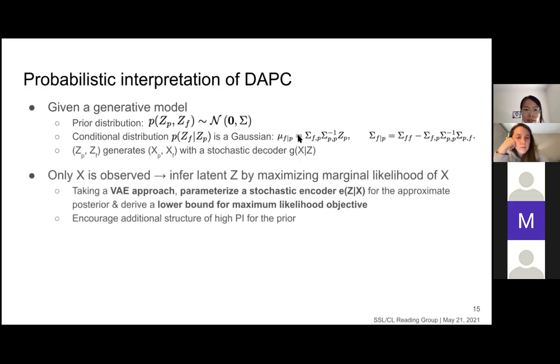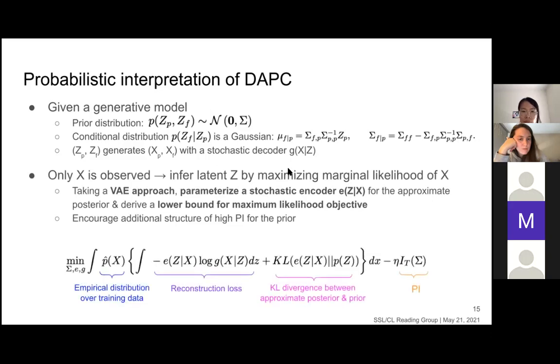But in this setting, we only observe X, so we want to infer the latent Z by maximizing the marginal likelihood of X. If we take a variational autoencoder approach, we will parameterize a stochastic encoder E of Z given X to approximate the posterior, right?